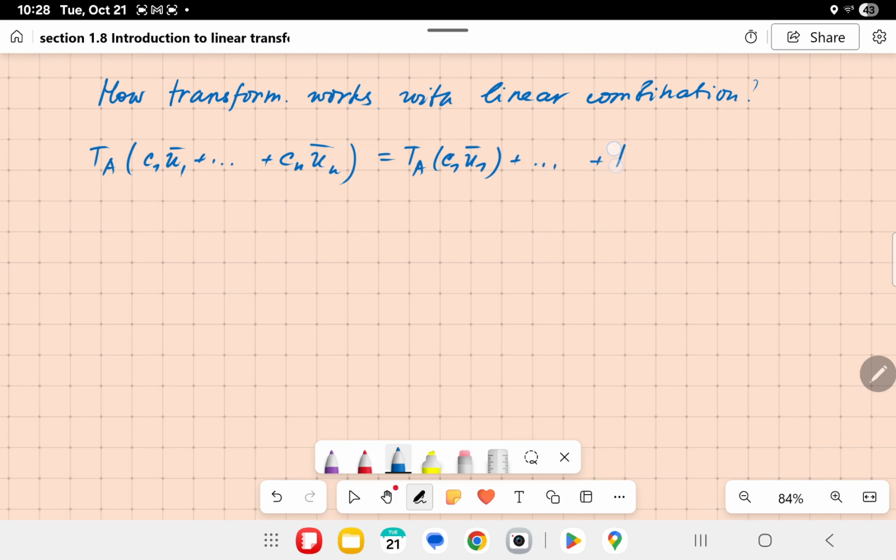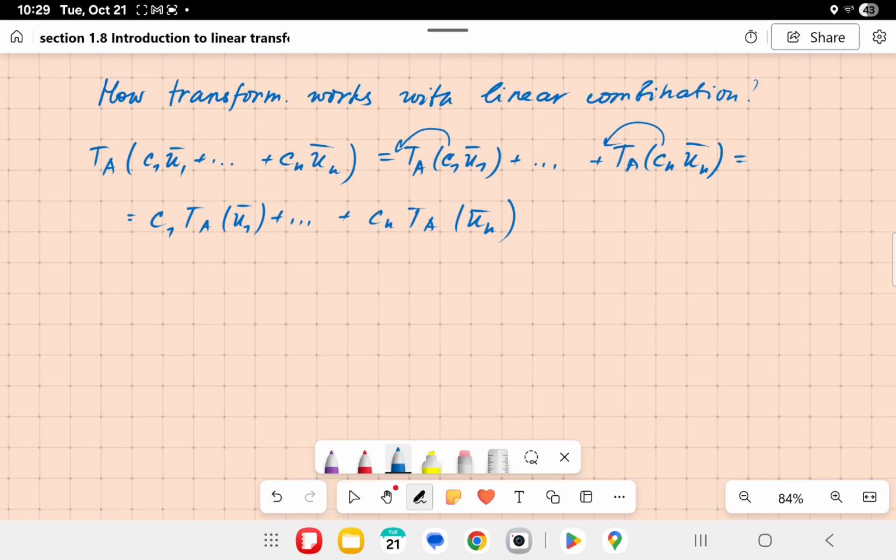This is additivity applied, right? And then we can apply homogeneity and take the constants outside. And we get c1 T(u1) plus ... plus cn T(un). So that's how transformation affects the linear combination.